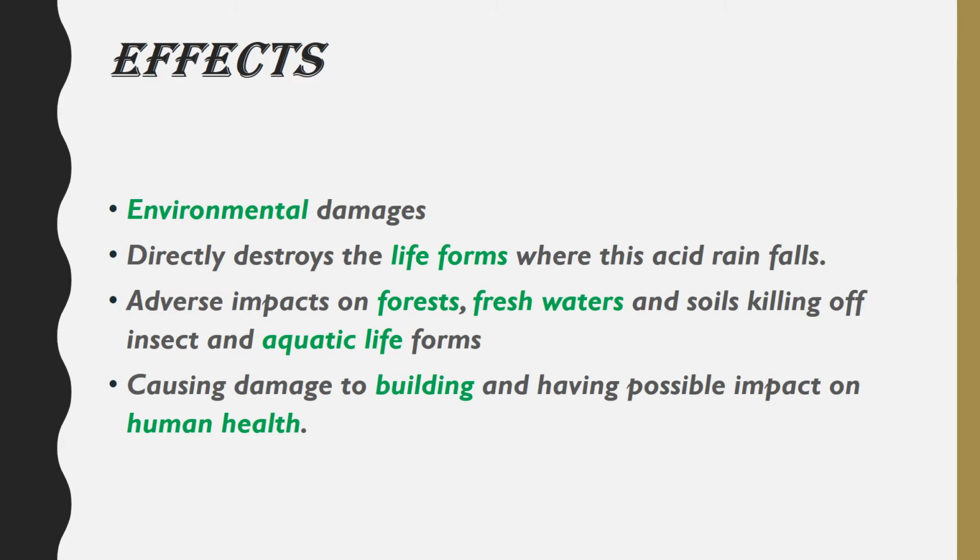When the water of acid rain goes into aquatic ecosystems, it will ultimately disturb the aquatic life, the living organisms living in the water, like fishes, frogs and other aquatic organisms.